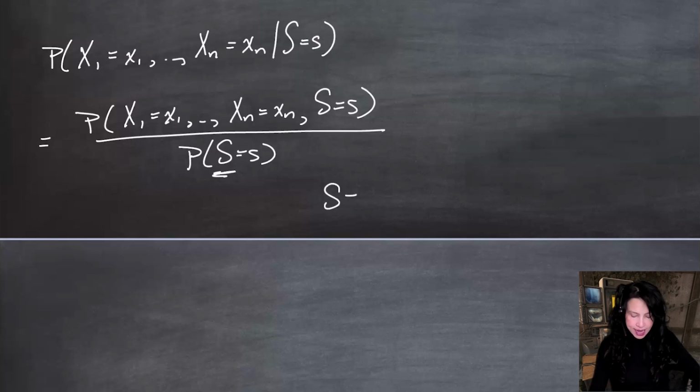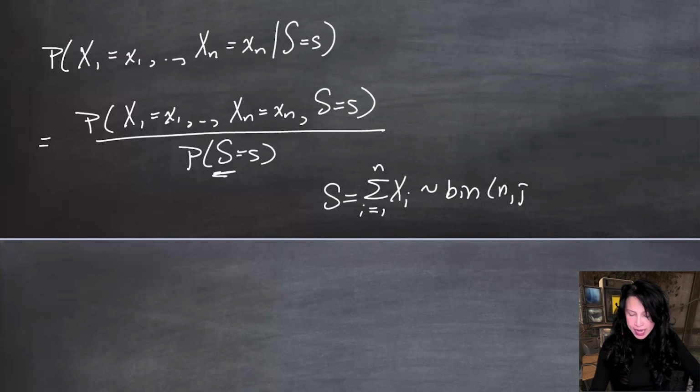So S as the sum as i goes from 1 to n of these Bernoullis has a binomial distribution with parameters n and p. And again, if you don't believe that or already know that, then check it out using moment generating functions. So I can write that probability in the denominator, but first let's deal with that numerator.